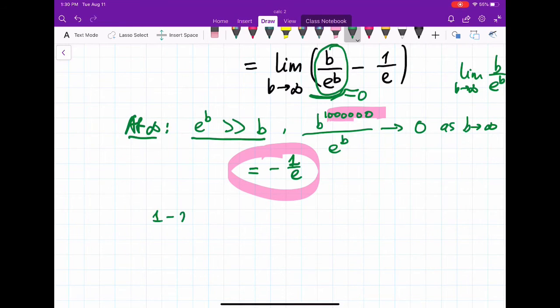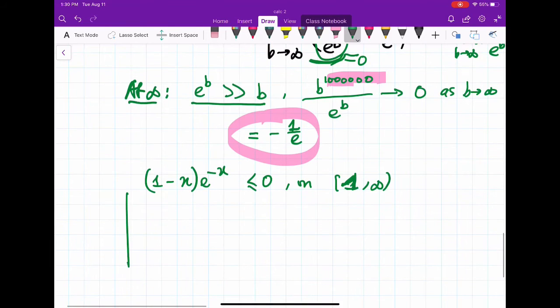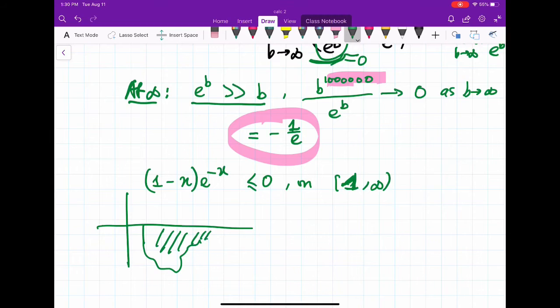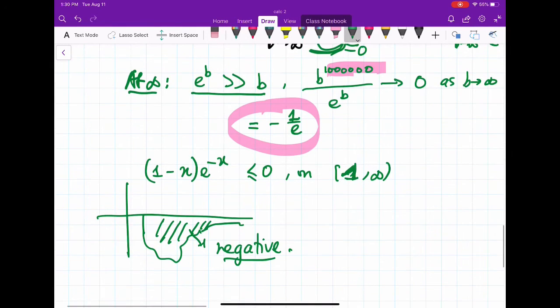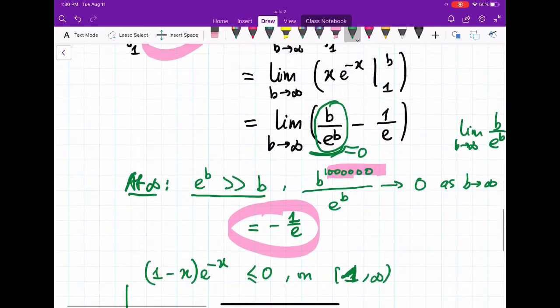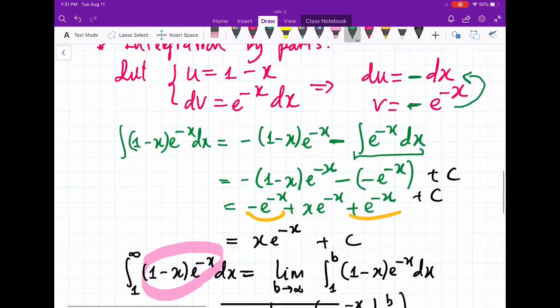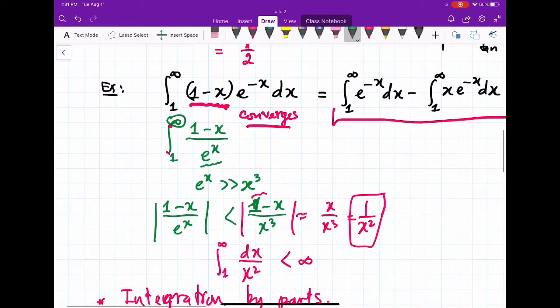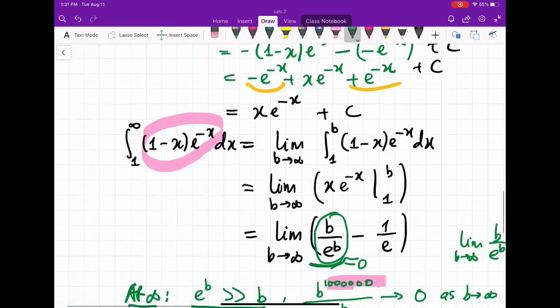The graph of this function is somewhere in here, but just below the x-axis. So that's why the area in here is negative. That's how we can evaluate such integrals. Let's move to another example.